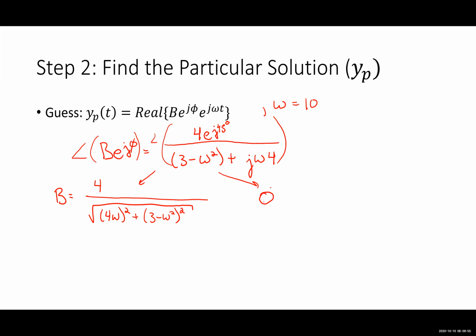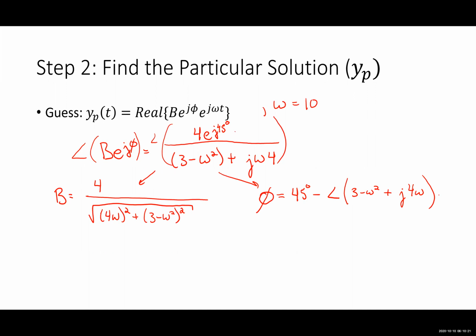So e to the j phi has an angle phi, and that has to be the angle of the top minus the angle of the bottom. So the angle of the top is 45 degrees in this case, and I'm simply going to say angle of the bottom like this: 3 minus omega squared plus j 4 omega, like that.